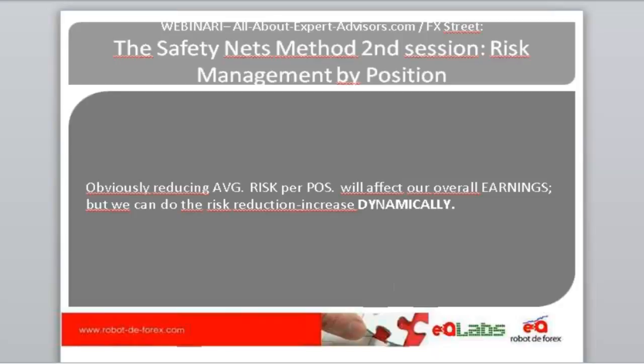Okay, so now that we understand that we reduce the average risk per position, of course, we will have less earnings in the account. If I tell you the maximum you can afford to risk is 1% on average, of course your earnings will be lower. But you can also think it can be dynamical.